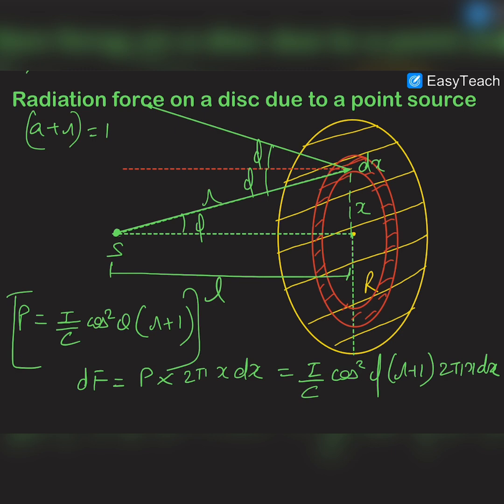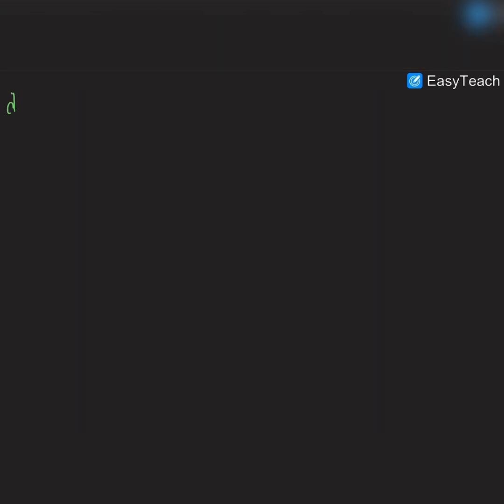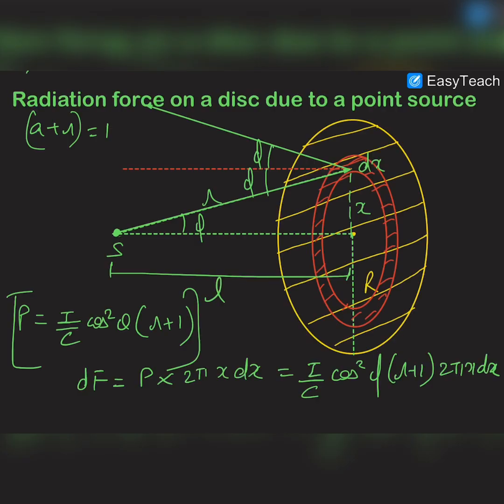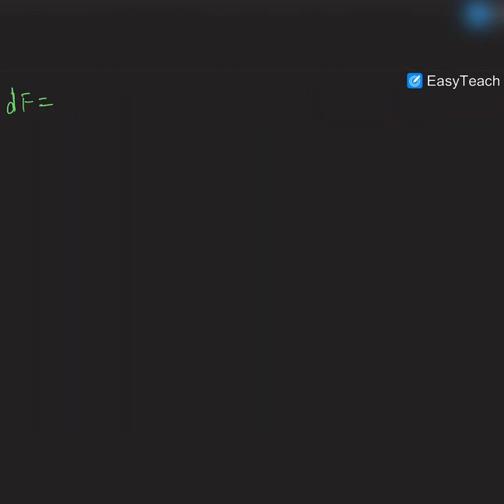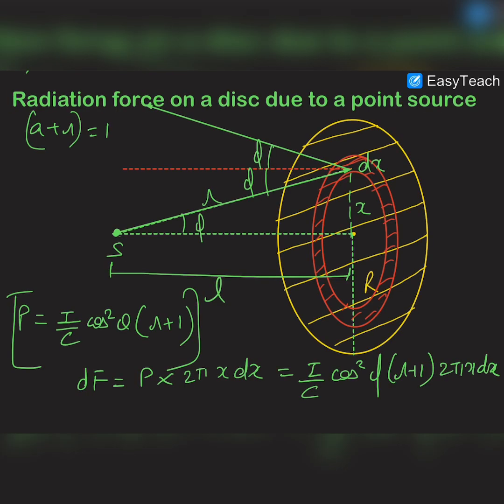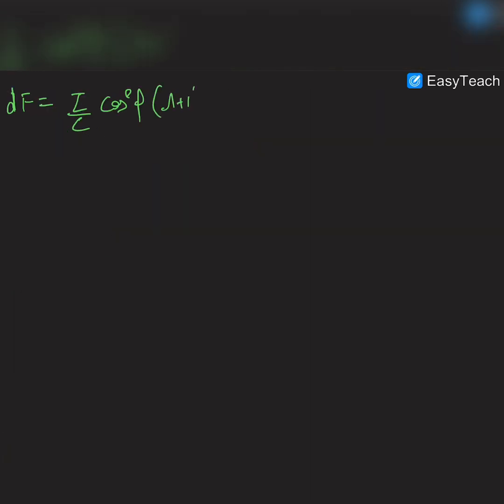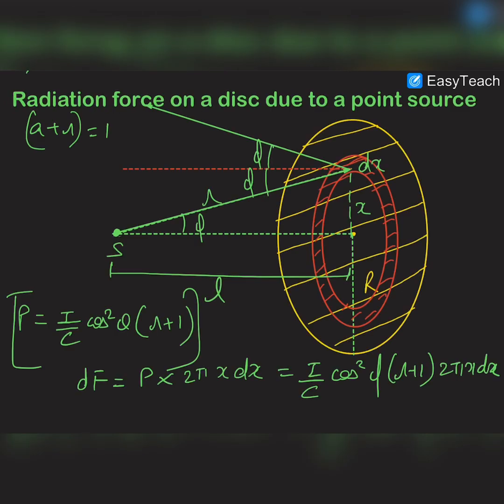Now this is very important to note. Let us first of all write down the force df again. So df is I by c cos square phi into r plus 1 into 2 pi x dx.